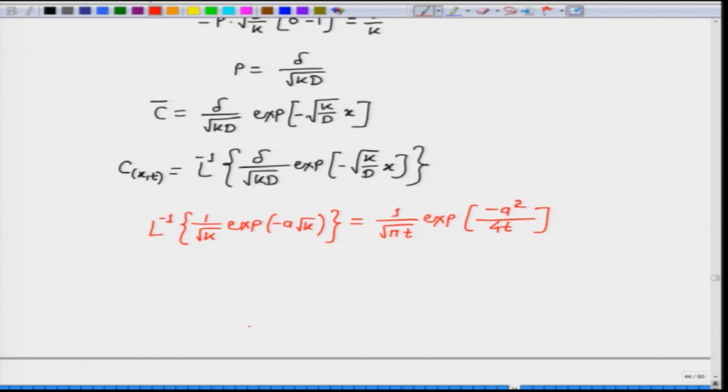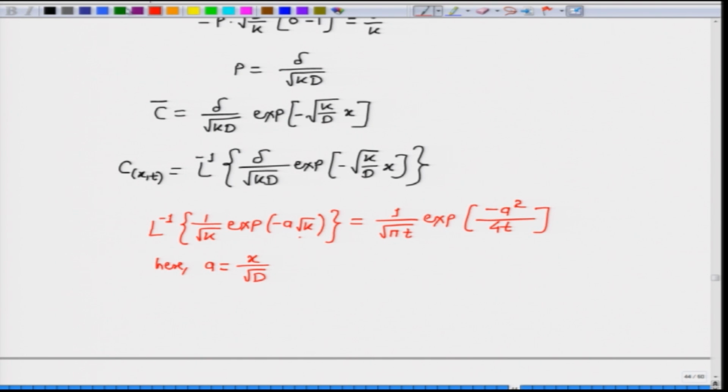We can compare our solution for c bar with this function on the left side here, right. So, in the solution of c bar, delta by root d is a constant, right. So, 1 by root k exponential minus root k by d x. So, if we compare with this function here, the value of a here is x by root d. So, we have a is equal to x by root d.